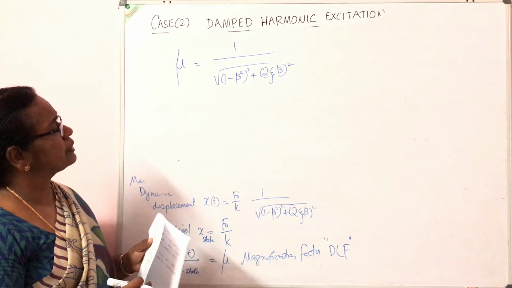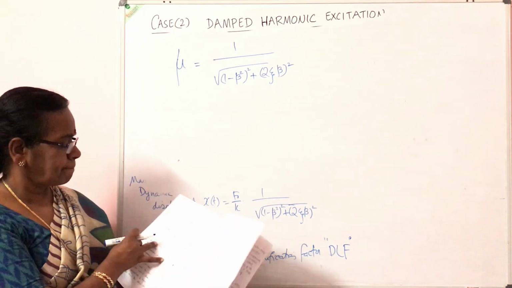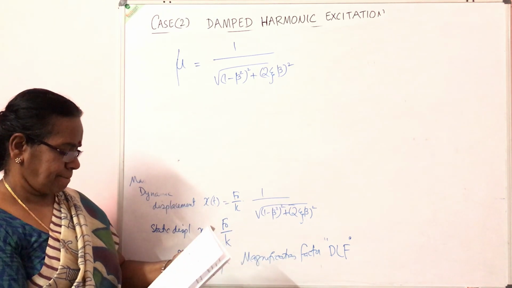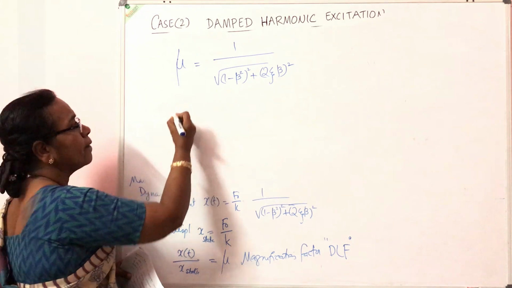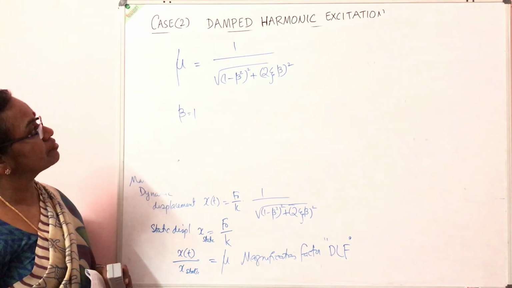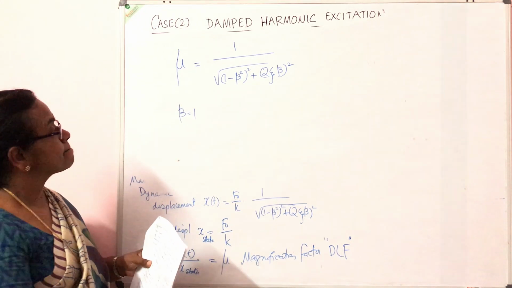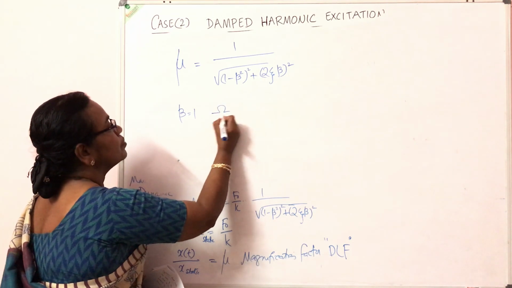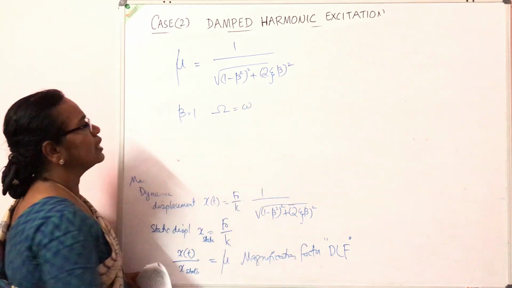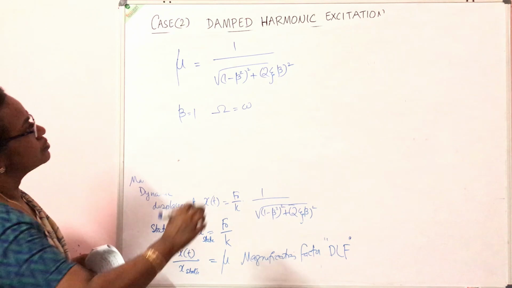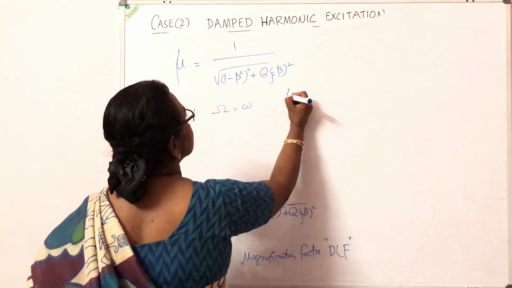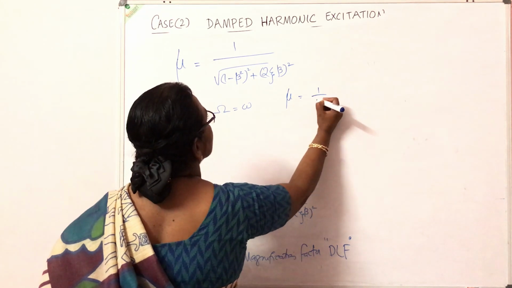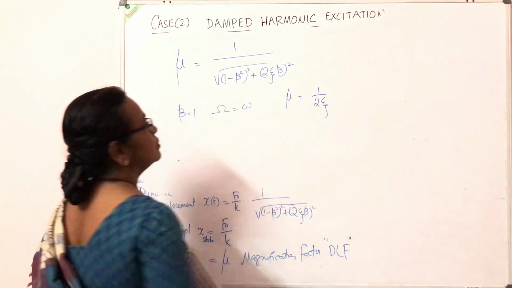So what happens when beta is equal to 1? When beta becomes 1, that means the exciting frequency is equal to the natural frequency. So this term becomes 0, and mu will be equal to 1 by 2 psi.